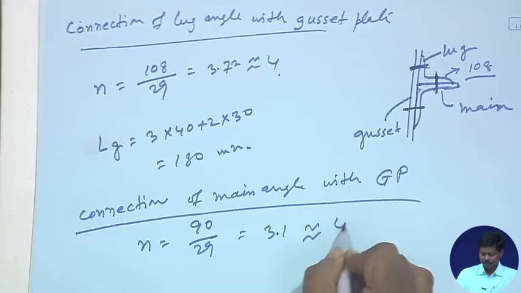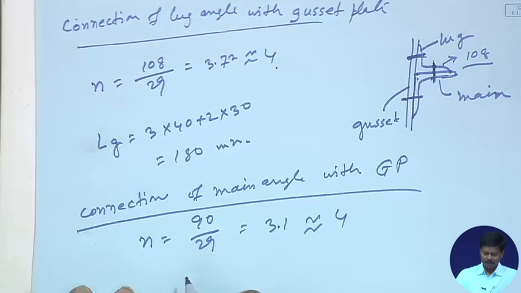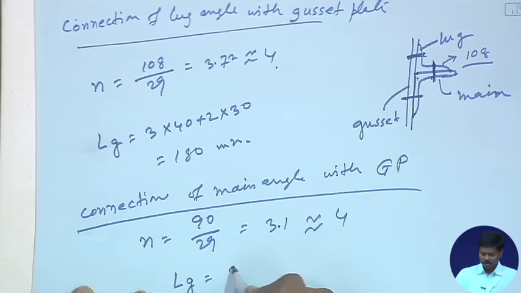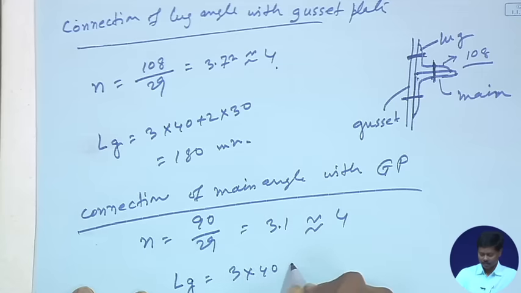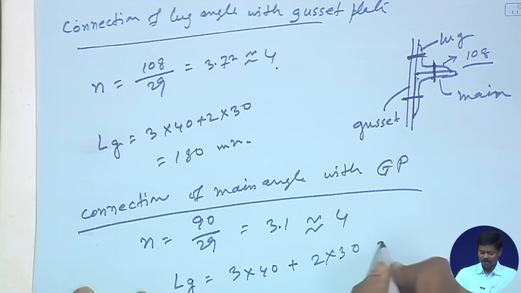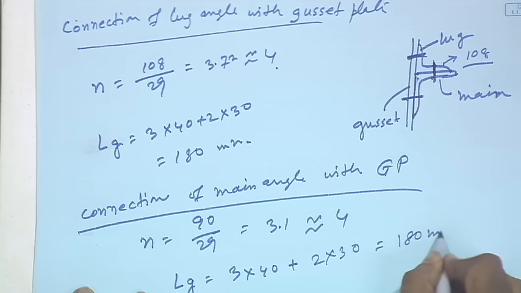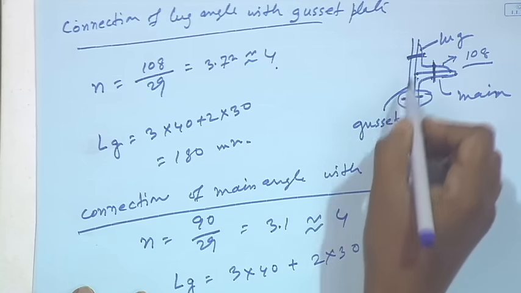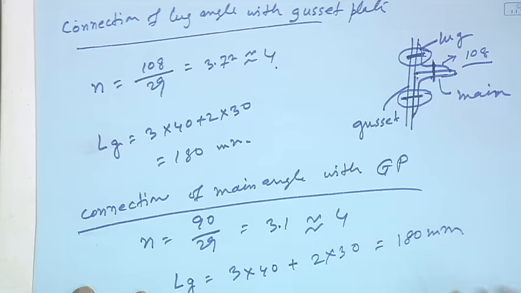So, this is 4, that means the length of the gusset plate will be 3 into 40 plus 2 into 30. In this case also it is coming 180 millimeter, right. So, here we are using 4 bolts, here also using 4 bolts. This is how we are doing.